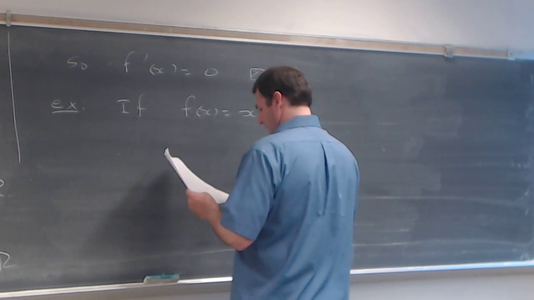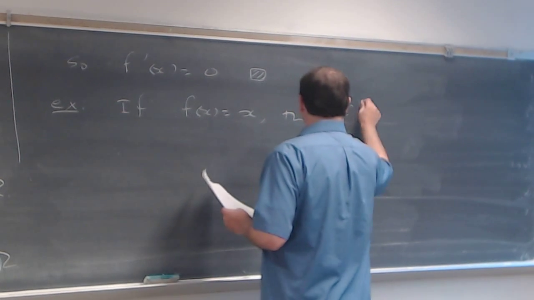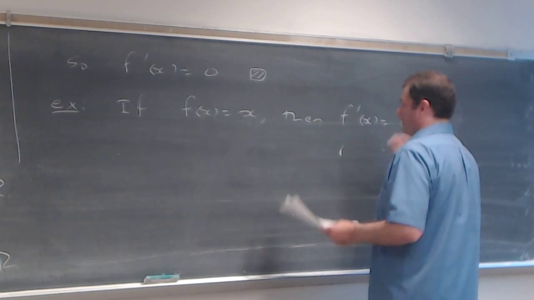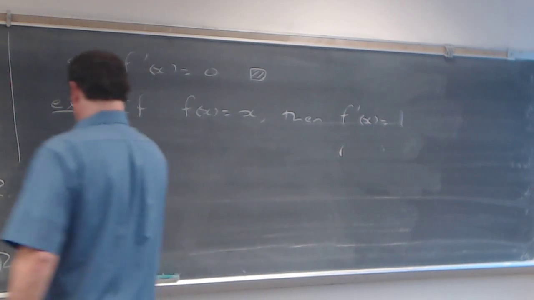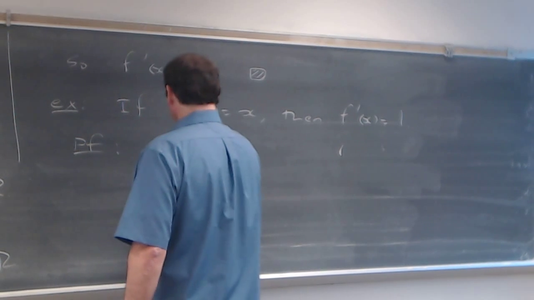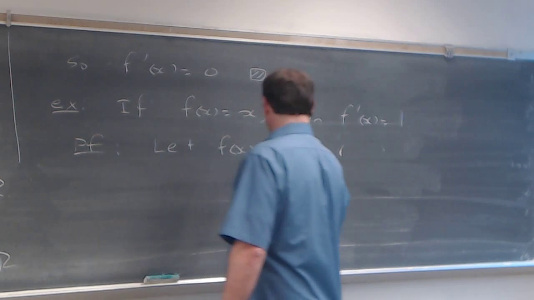As another example slash fact, if f of x is equal to x, then f prime of x is equal to 1. Let's see that proof. Let f of x equal x.